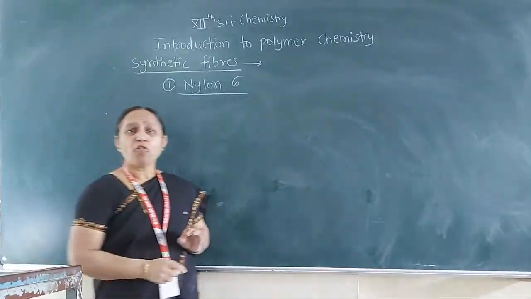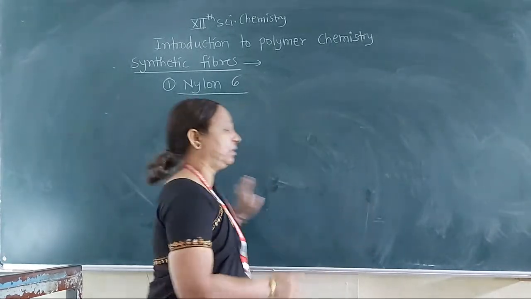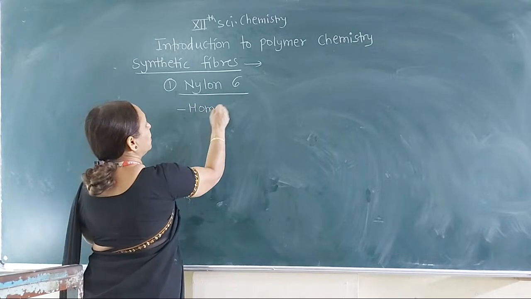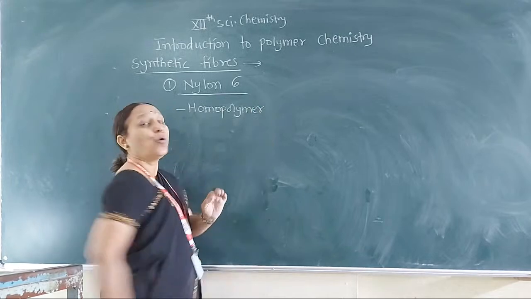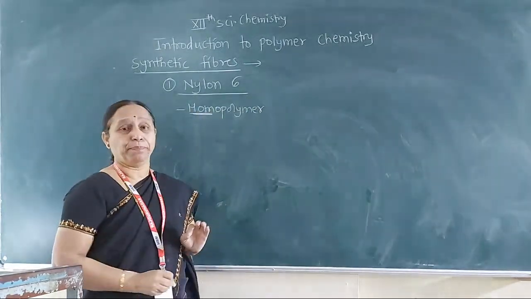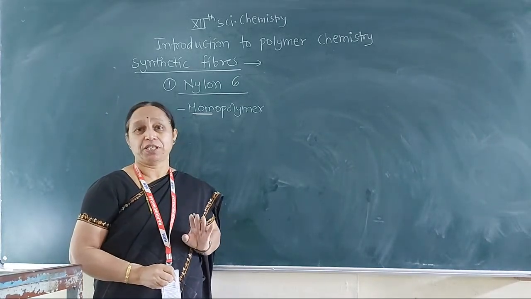This fiber nylon 6 is a homopolymer. Why is this fiber a homopolymer? Homo indicates same units of monomers.